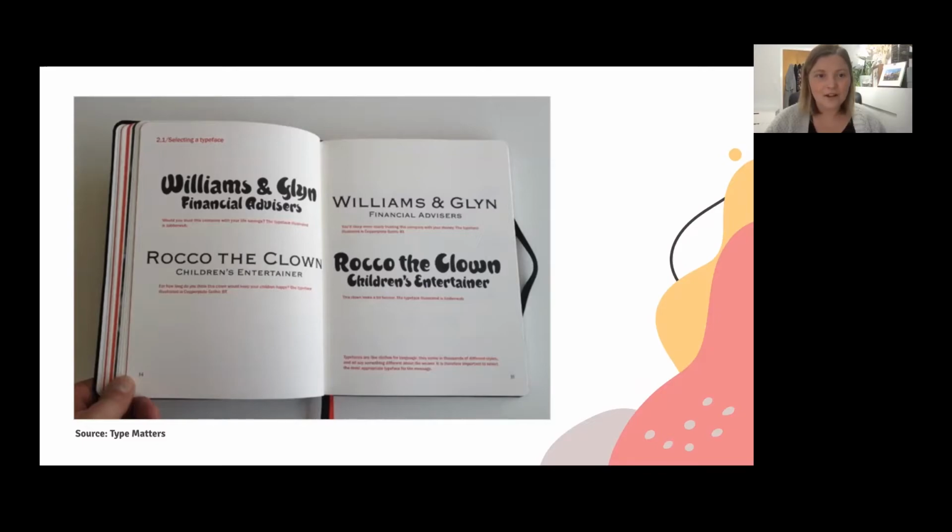So on your bottom left, you see Rocco the Clown in this really uppercase, corporate plate sort of typeface. It doesn't go, right? We expect Rocco to be bubbly and fun and cheerful. And so choosing the appropriate typeface for the use that you would like to have it for is really important. And we talk a lot about that for sure.